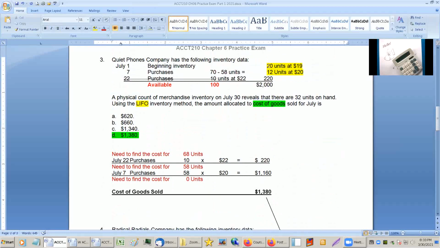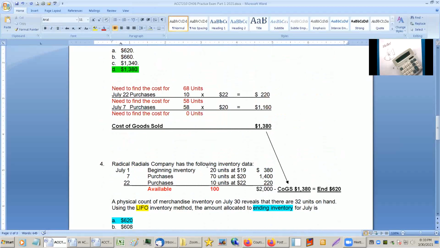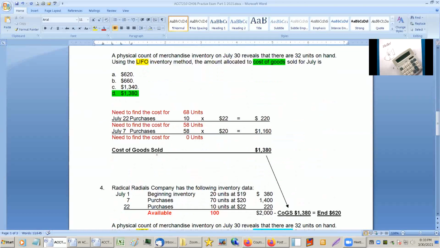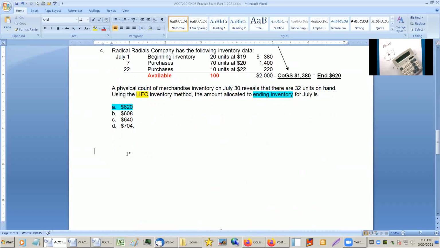Now, you could also multiply it out. So 20 units times 19. Twelve units times 20 is 240.